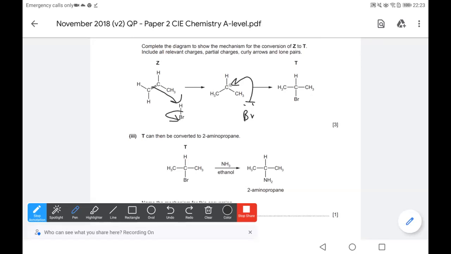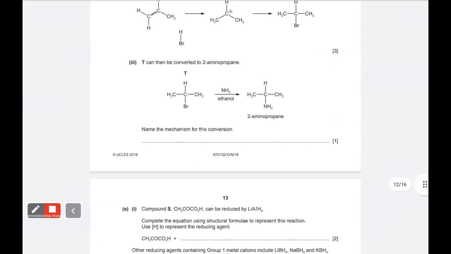Otherwise it is a chain reaction and gives a mixture of products. But it's okay, we can do this theoretically. Name the mechanism. Br goes out, NH2 comes in. Nucleophilic substitution.